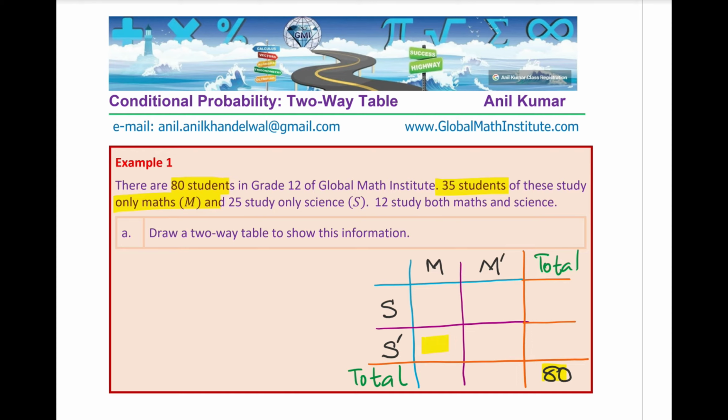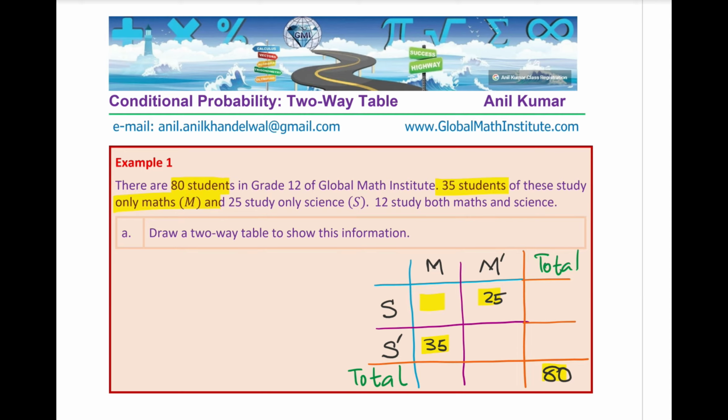So that is where I am going to put this number 35. 25 study only science. So only science means science but not maths, right? Clear? So that is given to us as 25. 12 study both maths and science. So both maths and science is this column, correct?